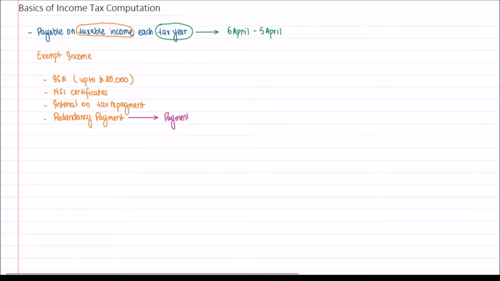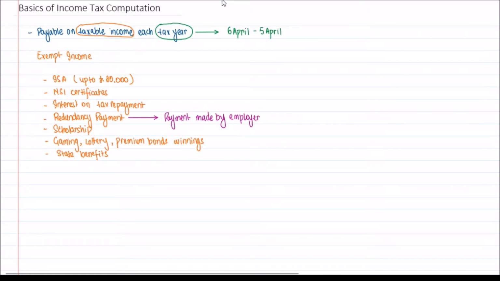It's a payment made by an employer when an employee is made redundant. Anyway, it will be covered in detail in a future video. Then scholarship income, gaming, lottery and premium bond winnings, state benefits paid in the event of accident, sickness or disability, etc. So yeah, these were some exempt incomes.